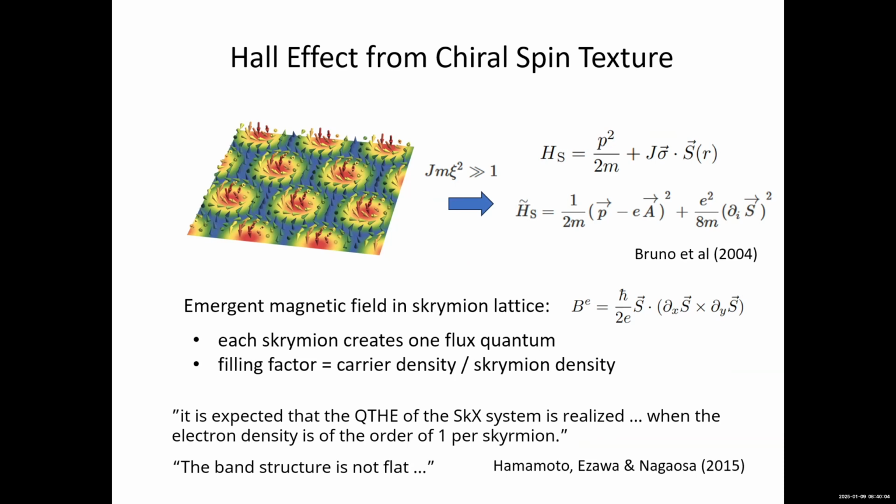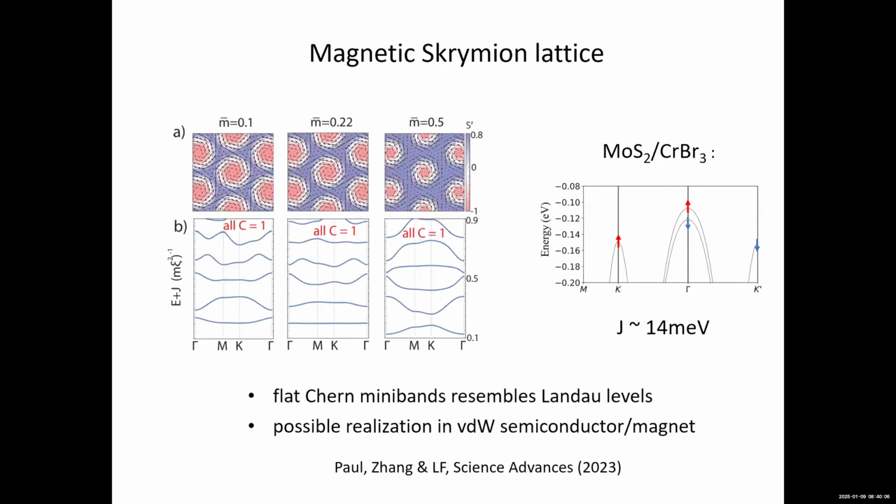So we played with this idea in 2021, working with my student Shaga Paul as well as Yang Zhang. We considered a semiconductor magnetic heterostructure, and Yang's DFT calculation shows that this exchange coupling can be 14 millielectron volts, which is substantially high.